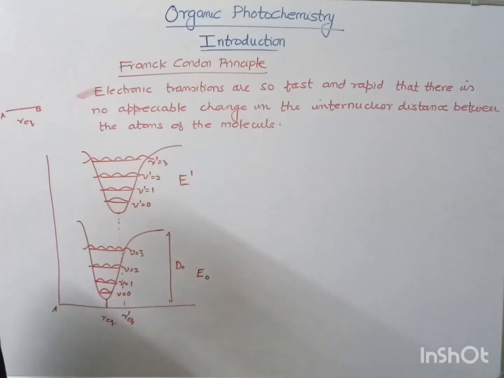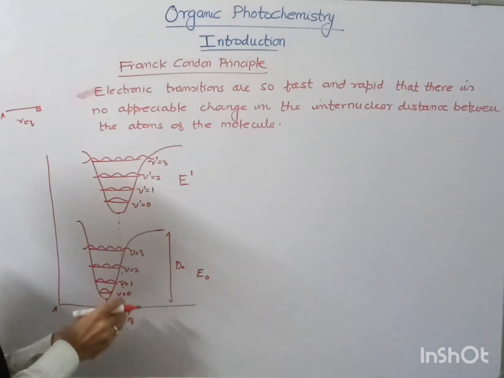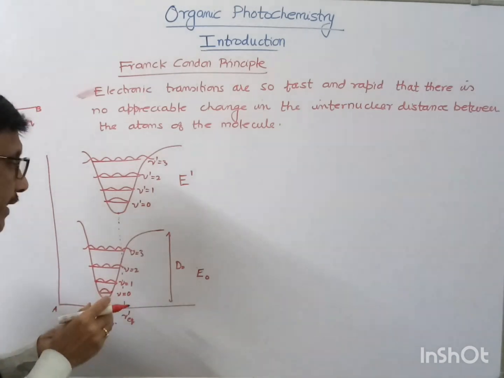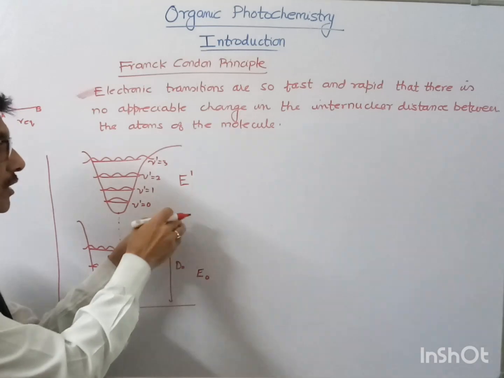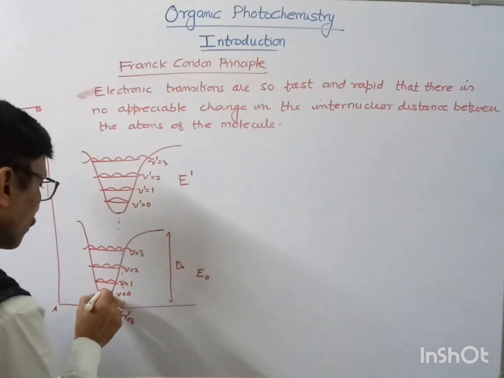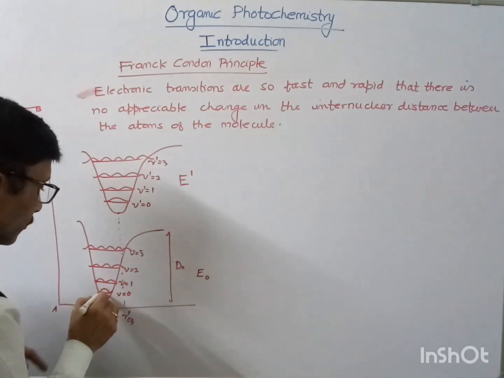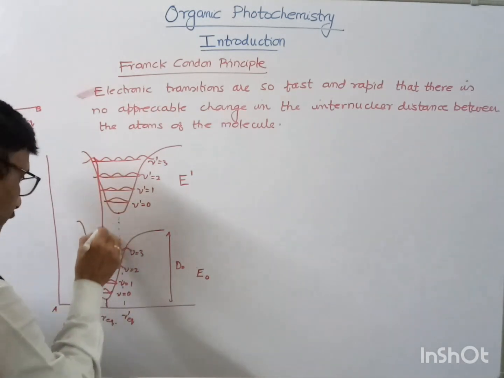What we expect is that after absorbing UV-visible light, the electron goes from the ground electronic state to the higher excited electronic state, from the most probable region to the next probable region, like this.